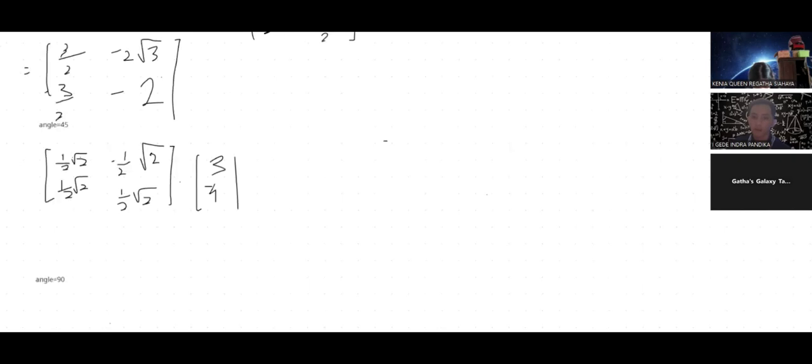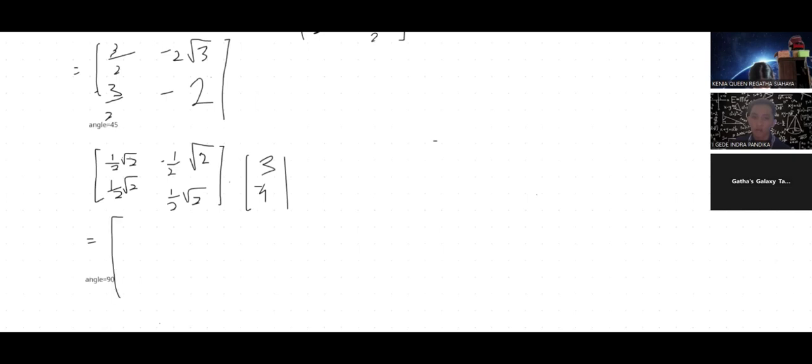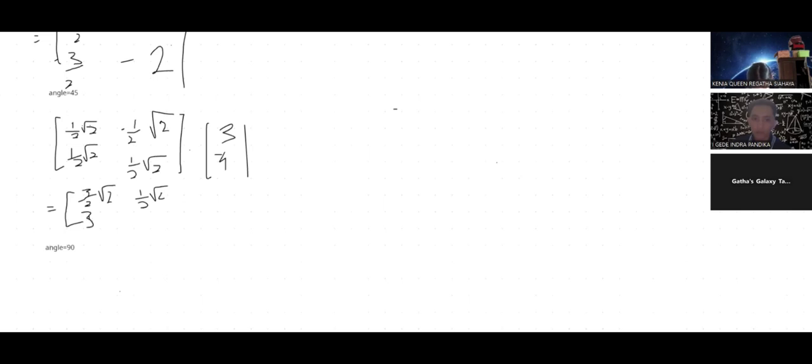So the result will be 3/2 plus root of 2 and 1/2 root of 2, and 3/2 cross root 2 and minus 2 minus 1/2 cross root of 2.